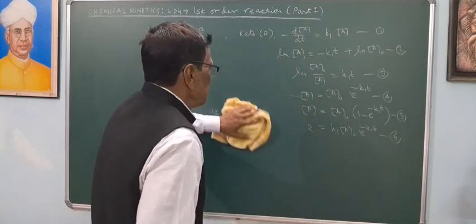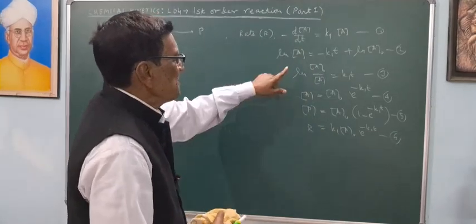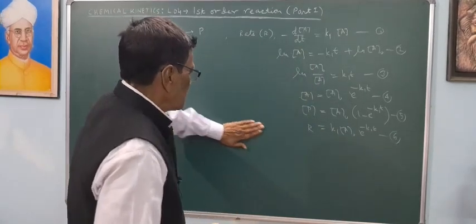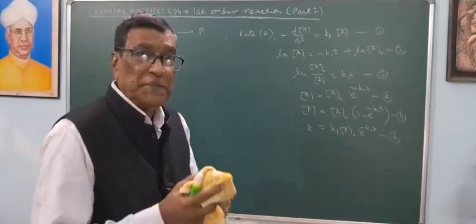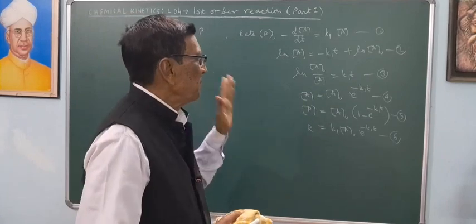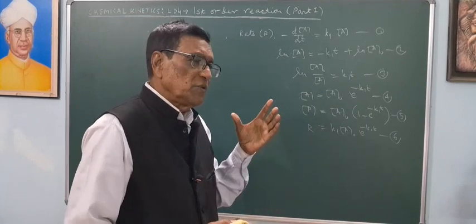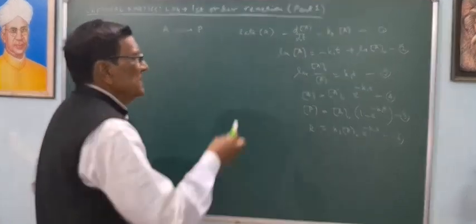However, I can mention here that this is the natural log. You can transfer into the common log, base 10, by multiplying by 2.303.